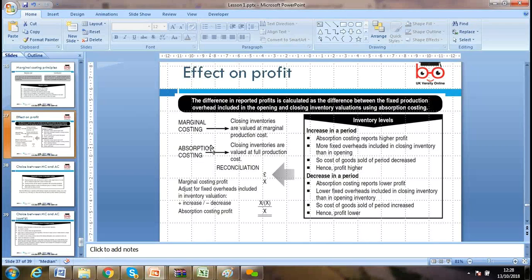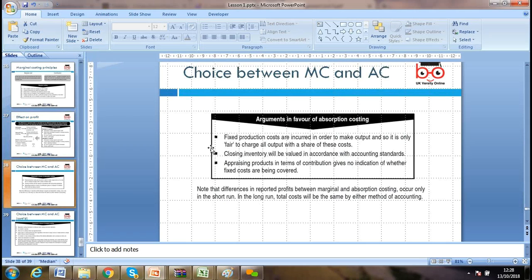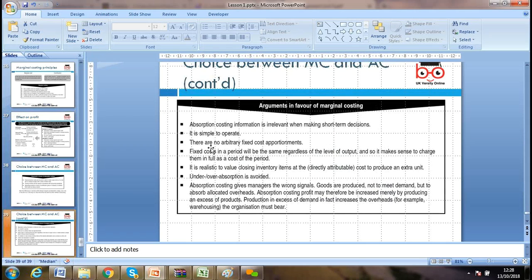An increase in the period means absorption cost reports a higher profit, as more fixed overhead is included in the closing inventory than the opening, so the cost of goods sold for the period decreases and the profit can increase. We'll go through some numericals during our next lesson.